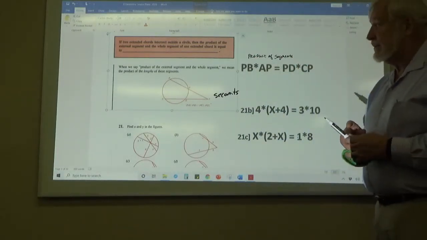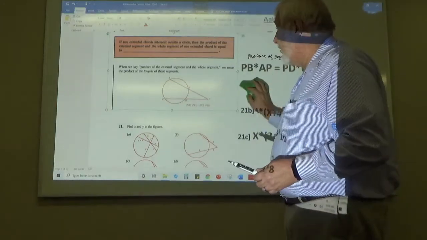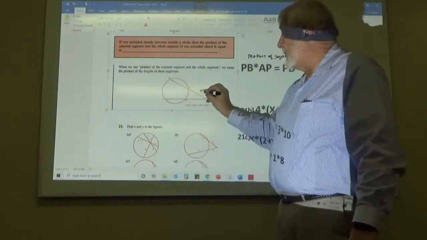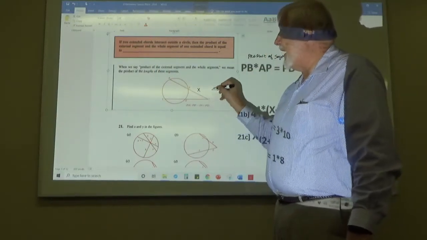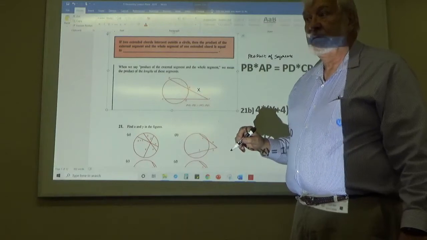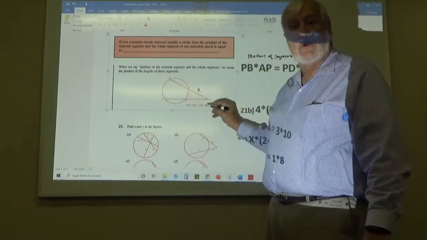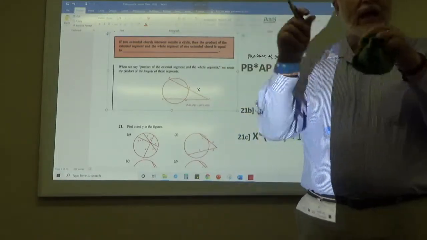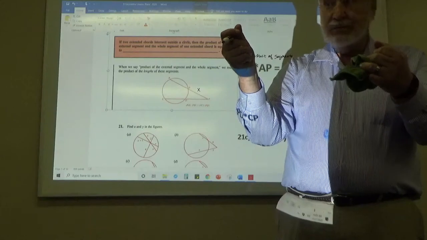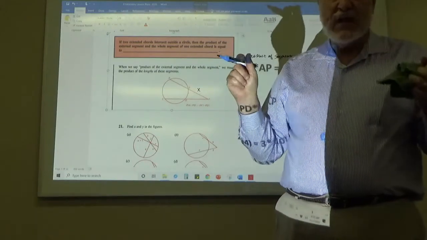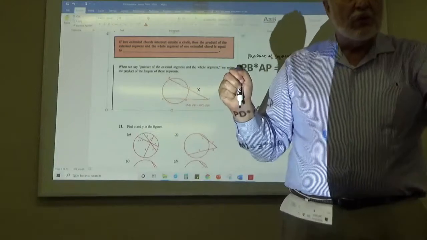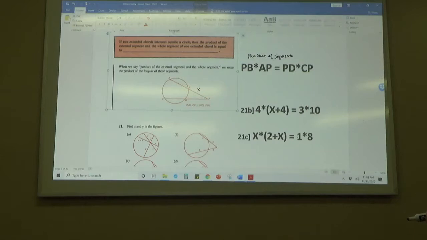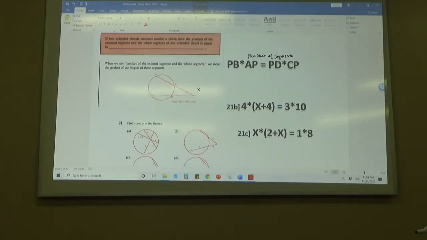Now, what happens here is that the product of the external segment, which is this part, and the whole thing is equal to the product of the external part times the whole thing of the other. If they're inside, it's the two parts. If it's outside, it's the outside part times the whole thing. All right, so let's look at that here. Whoa, that's weird.